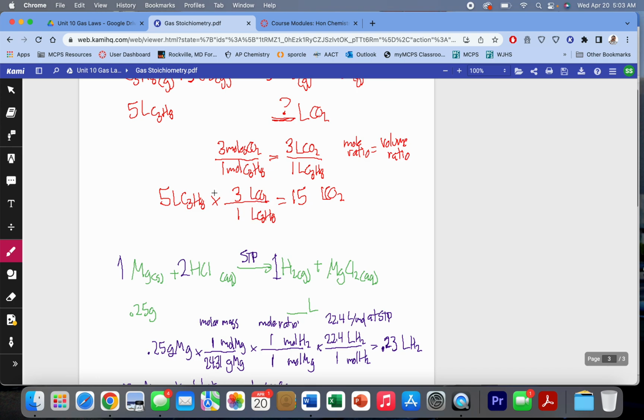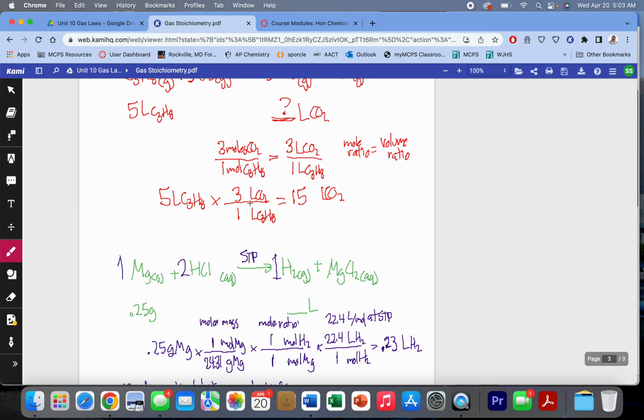that for every 5 liters there are of propane, there is some number of moles of CO2. I'll multiply that by 3. Since the ratio of liters to moles is the same for propane as for CO2, then I will simply convert back and get 15 liters of CO2. Or I'll go directly without converting to moles and say 5 liters times 3 over 1 gives me 15 liters.